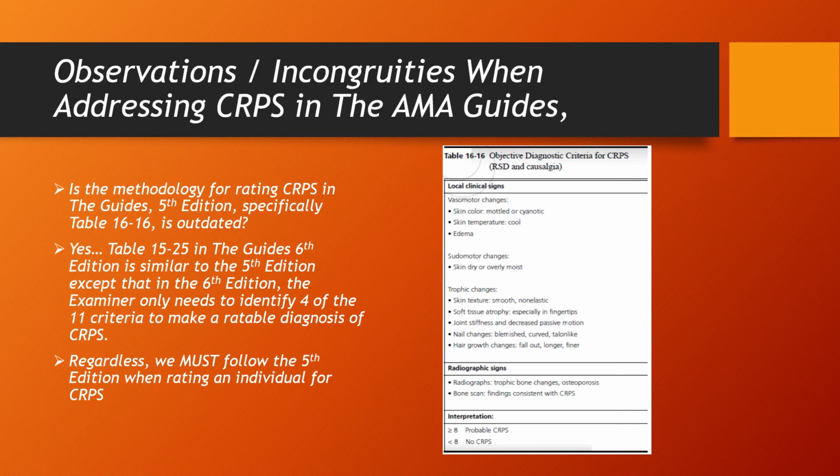Well, if you look at Table 15-15 in the Guides 6th edition, they're similar to the 5th edition, except in the 6th edition you only need to identify 4 of the 11 criteria to make it a rateable diagnosis for CRPS. So in the 5th edition, you need 8 concurrent criteria. In the 6th edition, we only have 4.